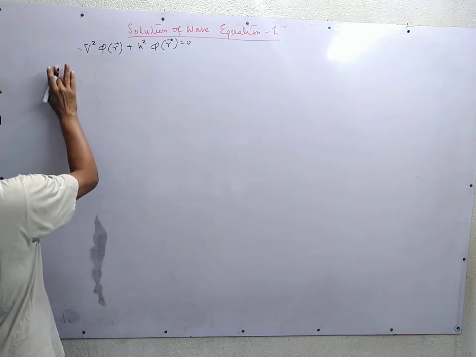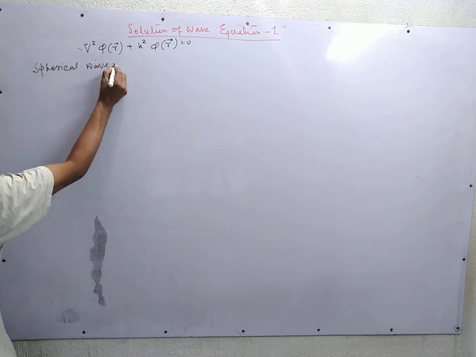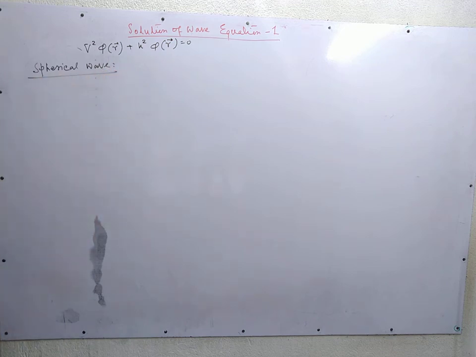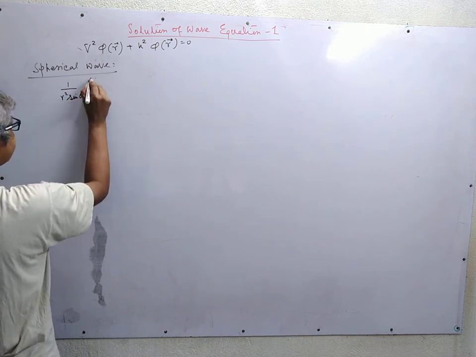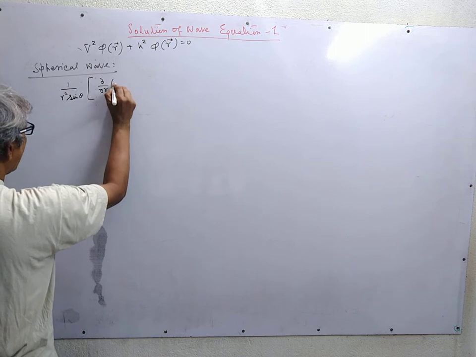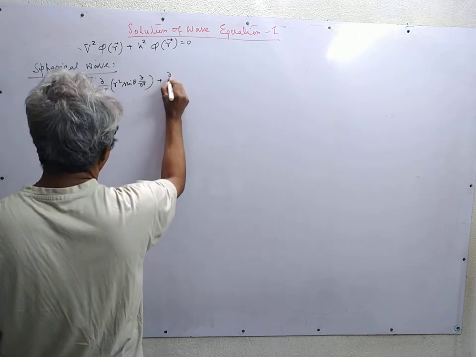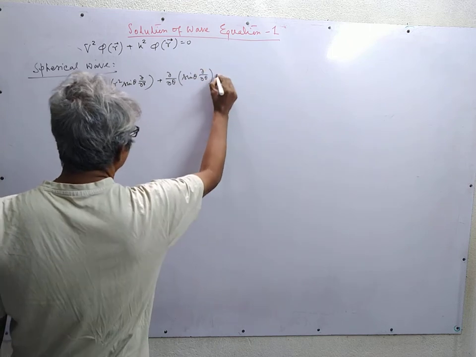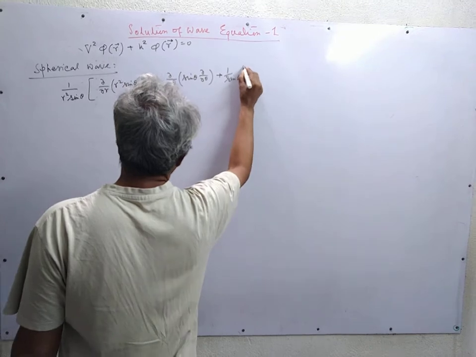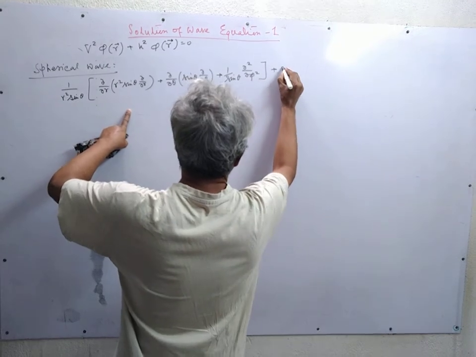So for a spherical wave, the Helmholtz equation is: 1 by r square del r of r square del r, plus 1 by r square sine theta del theta of sine theta del theta, plus 1 by r square sine square theta del phi 2, plus k square.